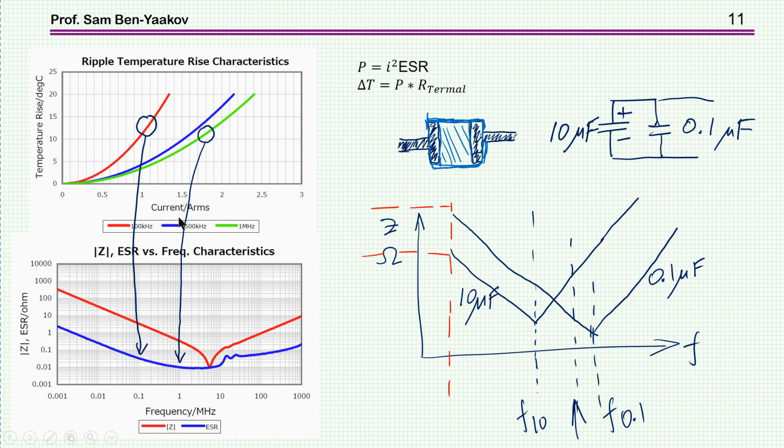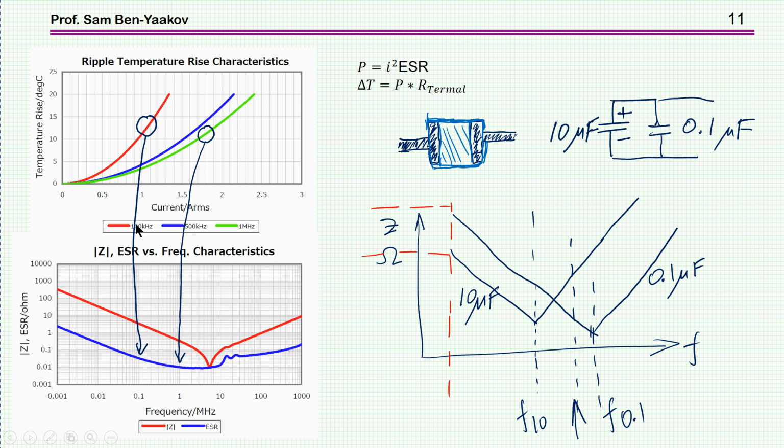Now, another parameter which is very important is the allowable ripple current, and this is given as the ripple current here and the temperature rise. You can see what the temperature rise is as a function of the ripple current passing through the capacitor. Now, these are three curves for different frequencies.